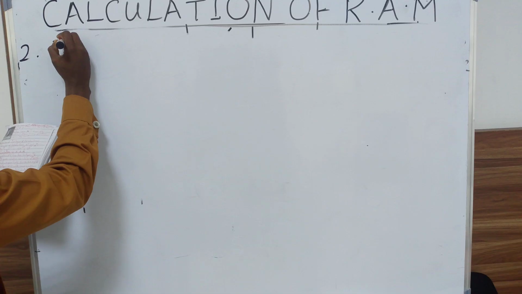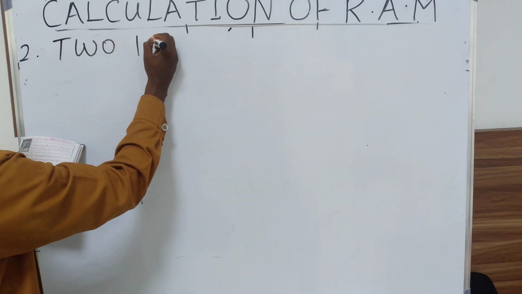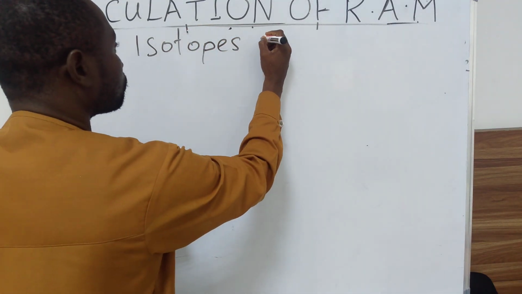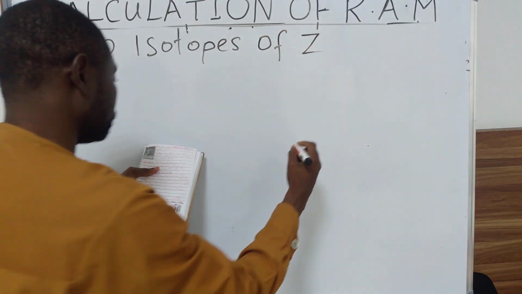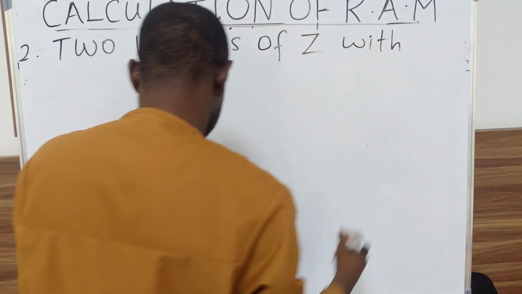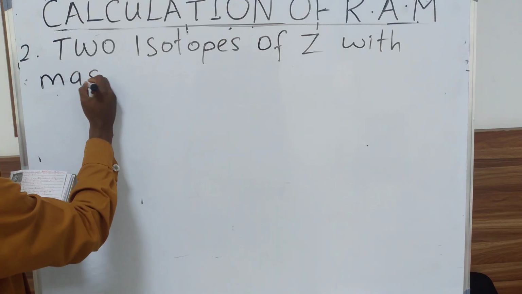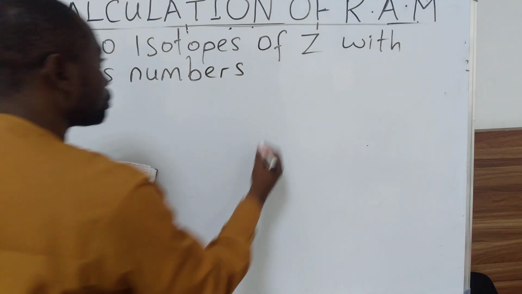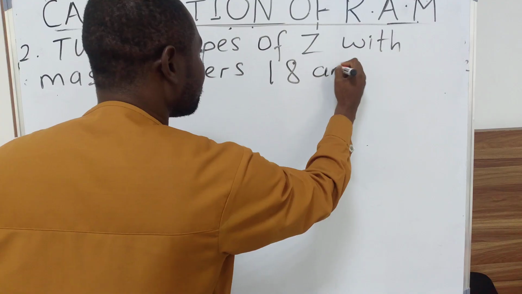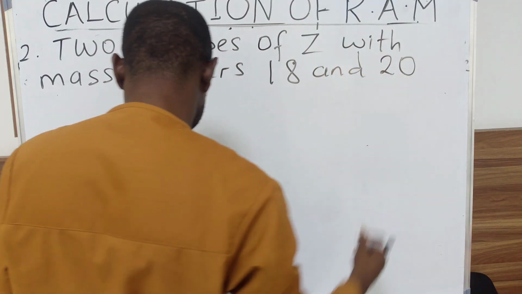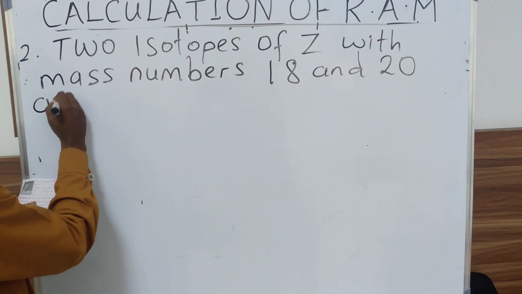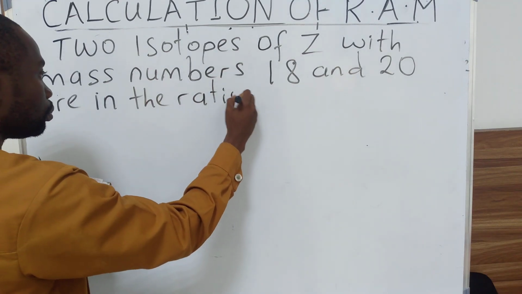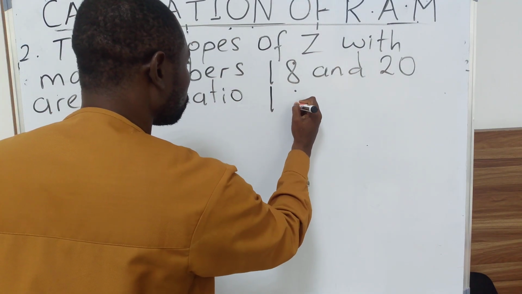We have the question: two isotopes of Z with mass numbers 18 and 20 are in the ratio 1:2.